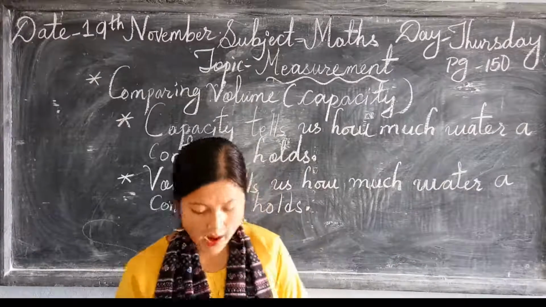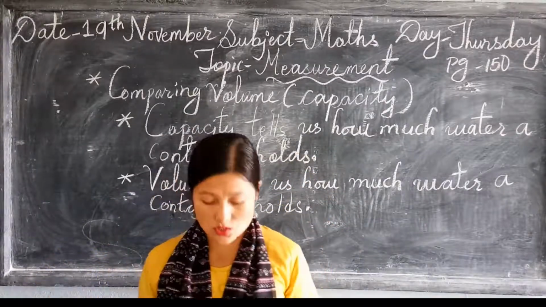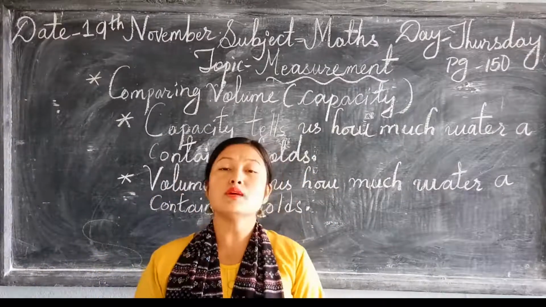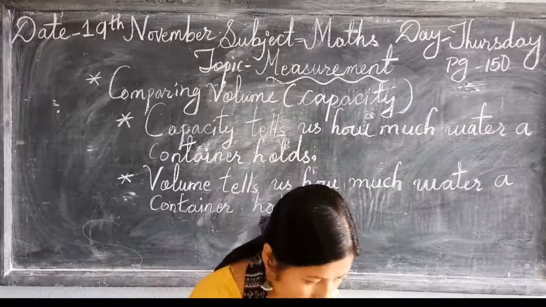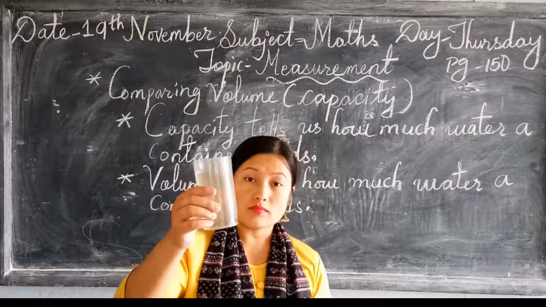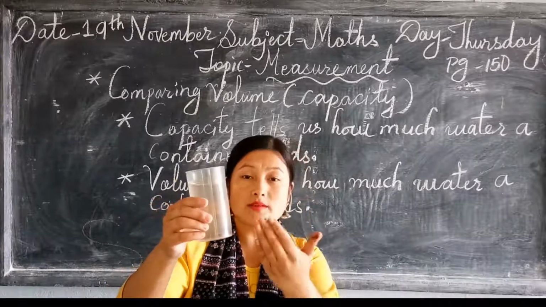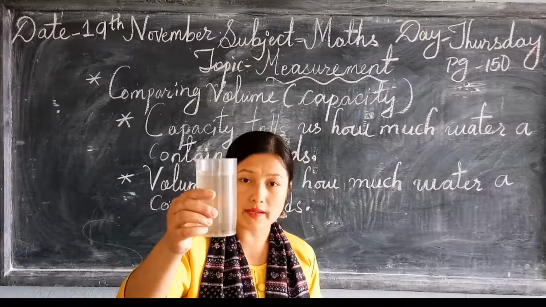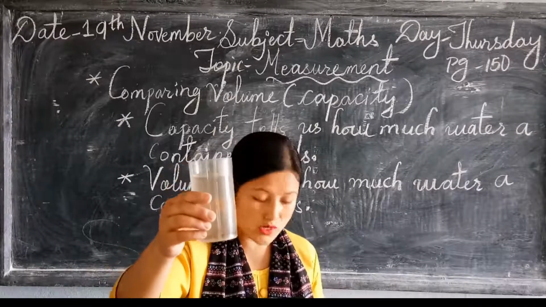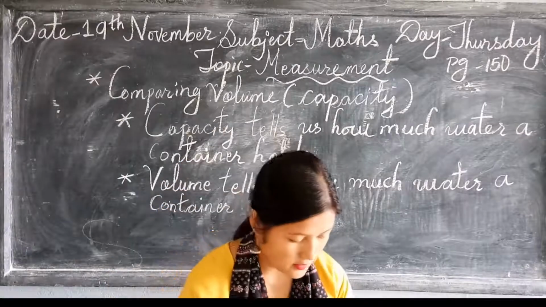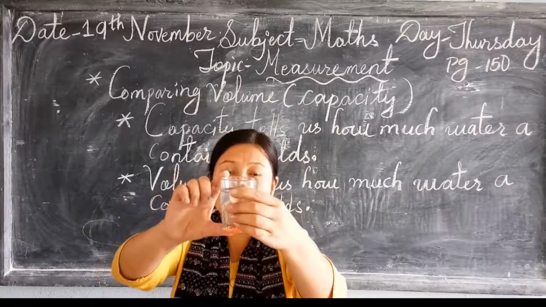Once again, I wrote the definition of capacity here: capacity tells us how much water a container can hold. This is the bigger glass, and I am showing you the same example again. This glass is big, so it can hold more water, and this small glass can hold less water.